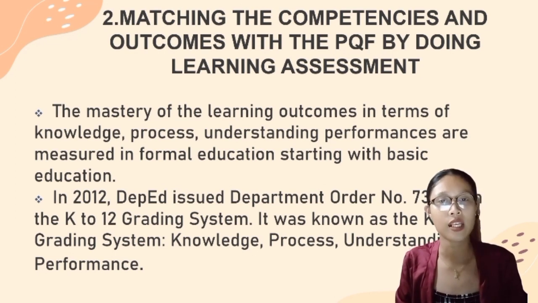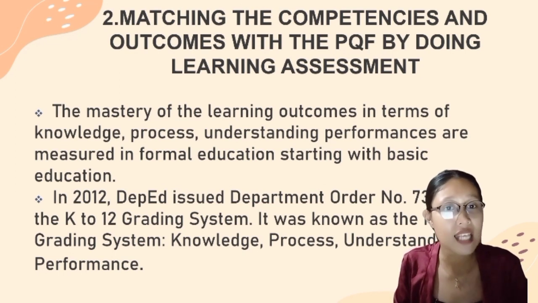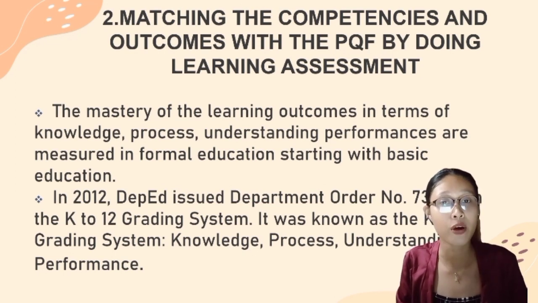In 2012, DepEd, or the Department of Education, issued Department Order Number 73, which is the K-12 grading system. It was known as the KPUP grading system, which stands for K as knowledge, P as process, U as understanding, and P as performance.